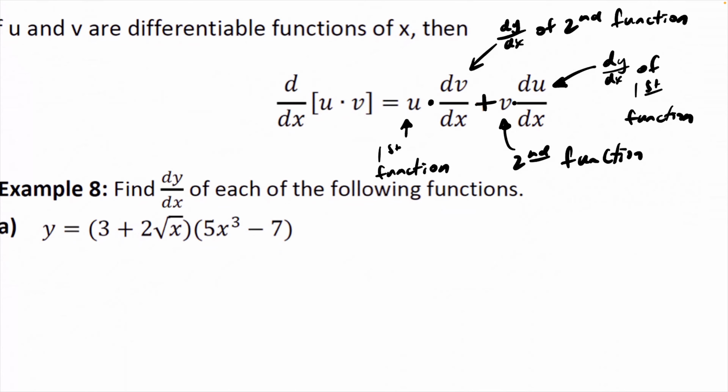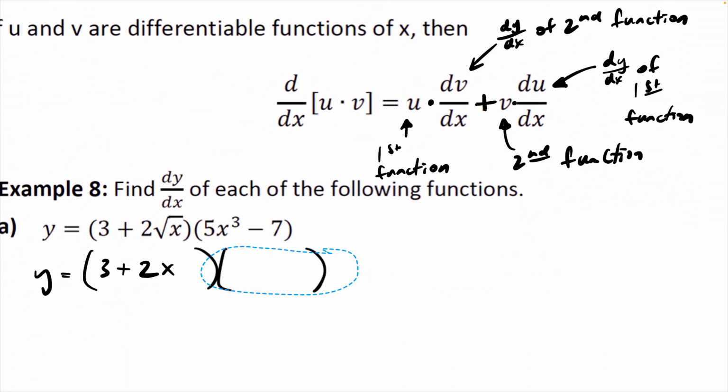So let me rewrite this. How can I change it so that I have a power instead of a root? Give it a power of 1 over 2. Everything else is okay.